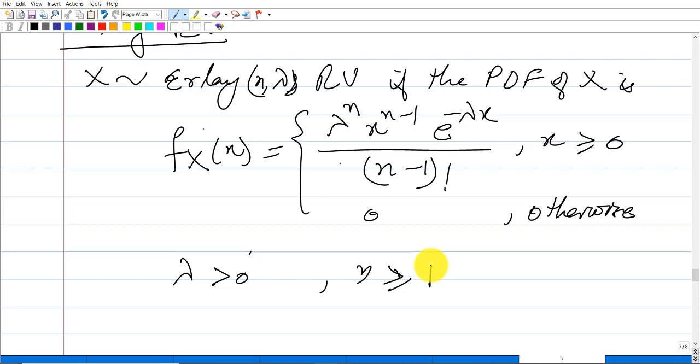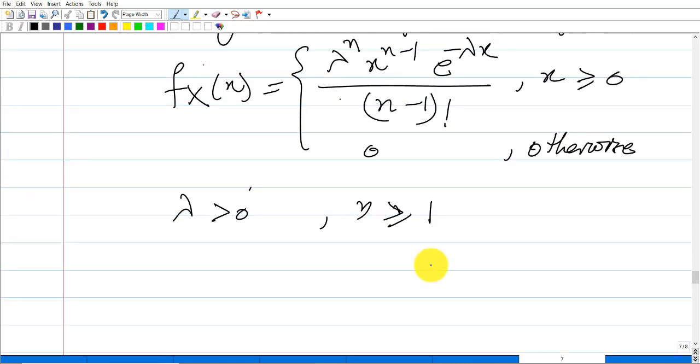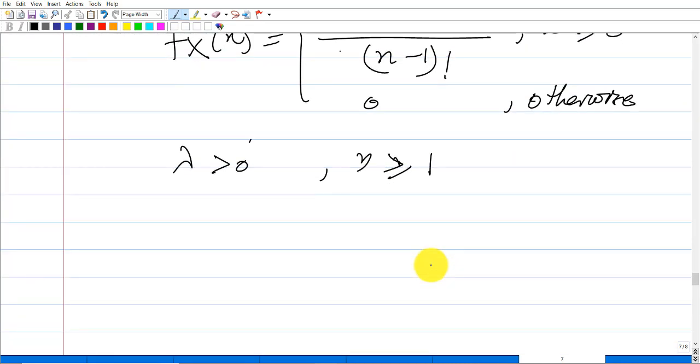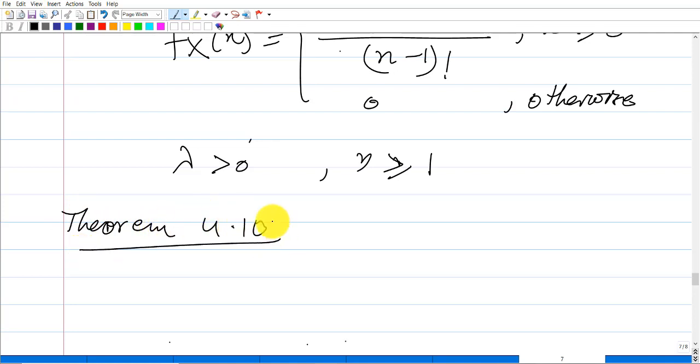So here obviously the theorem is defined as Theorem 4.10.